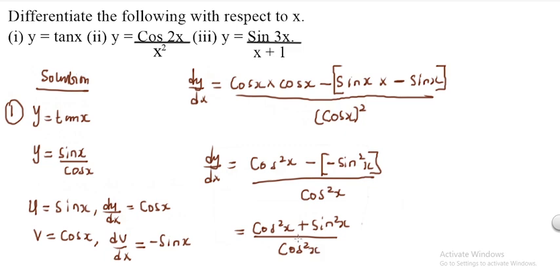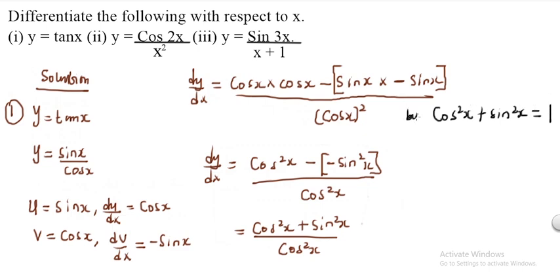Now at this point, to further simplify, we can rewrite the numerator. What I mean by that is that in trigonometry, cos squared x plus sin squared x is equal to 1. So that means we can replace cos squared x plus sin squared x with 1.